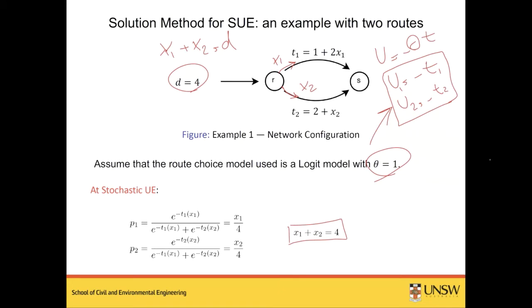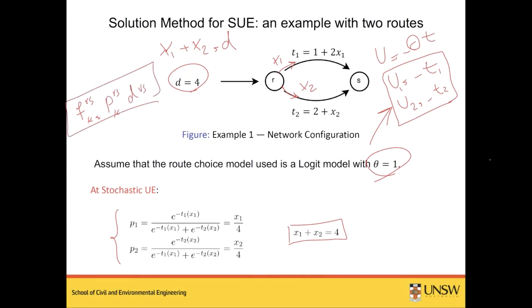And I can also write down two other equations. But where do I get these? Remember I said before that the flow of a path is equal to the proportion of that path multiplied by the demand, right? We had this equation.